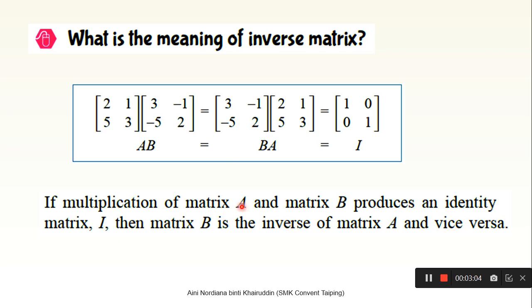That means if you multiply two matrices and you get the identity matrix, then one of the matrices is the inverse matrix of the other. For example, if this is matrix A, then B is the inverse of matrix A if and only if A multiplied with B gives the identity matrix.